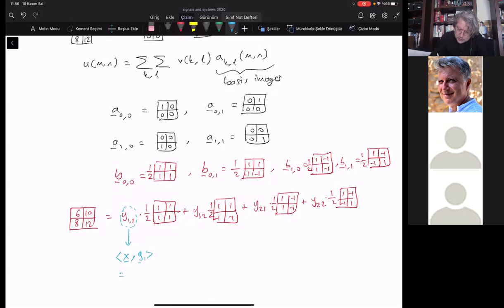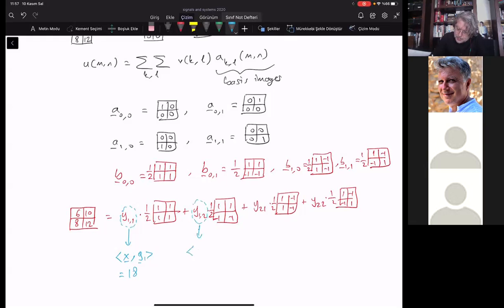So y11 is equal to 6 plus 10, 16, plus 20, it is 36, divided by 2, because there is a 1 over 2, it's 18, right? This is 18. How do we find y12?